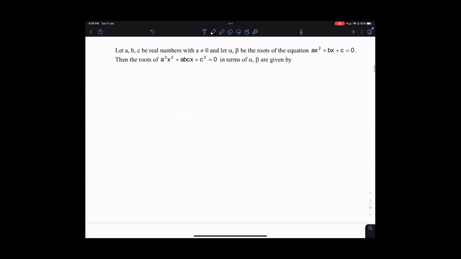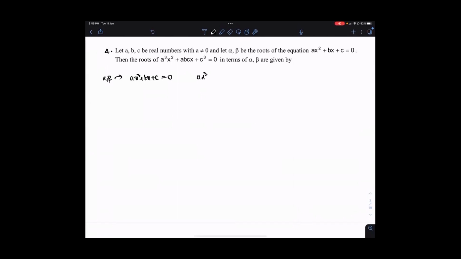Next. I'll read the question later, but first let me explain the background concept of this question. For example, if alpha, beta are the roots of ax square plus bx plus c equal to 0, what does it actually mean?